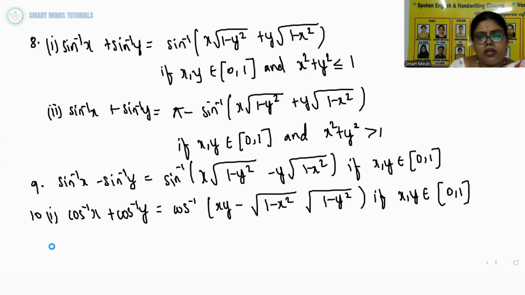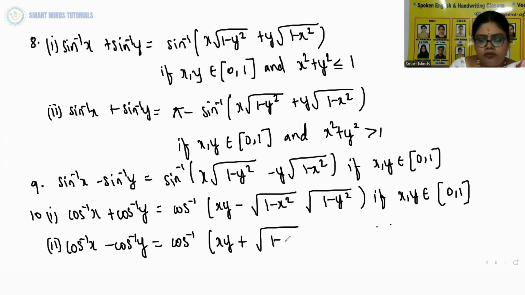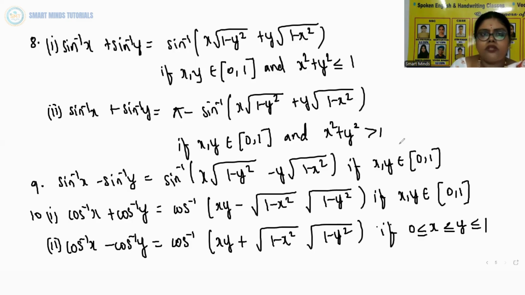And the other formula is cos inverse x minus cos inverse y equals cos inverse of xy plus root over 1 minus x square root over 1 minus y square, if 0 is less than or equal to x less than or equal to y less than or equal to 1.